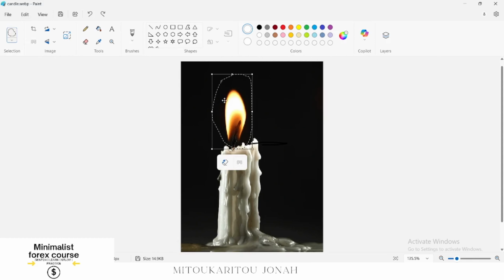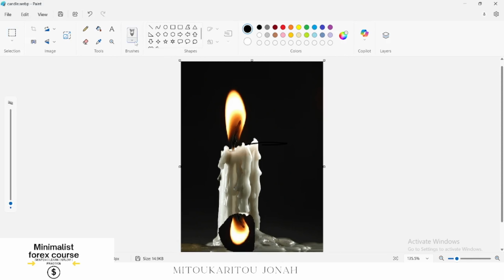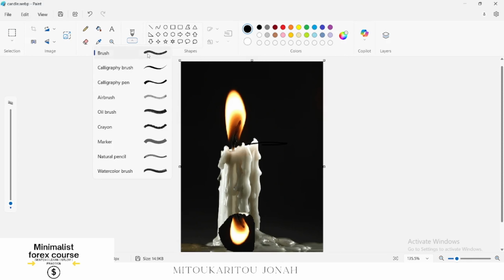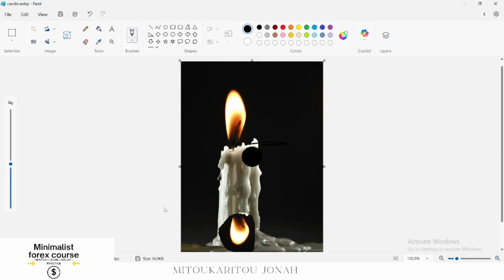If you bring this candle down here, let's say you bring the candle here, and I'm just going to take a big black brush and erase all of this part out. I'm just trying to make it very relatable so you guys can understand.